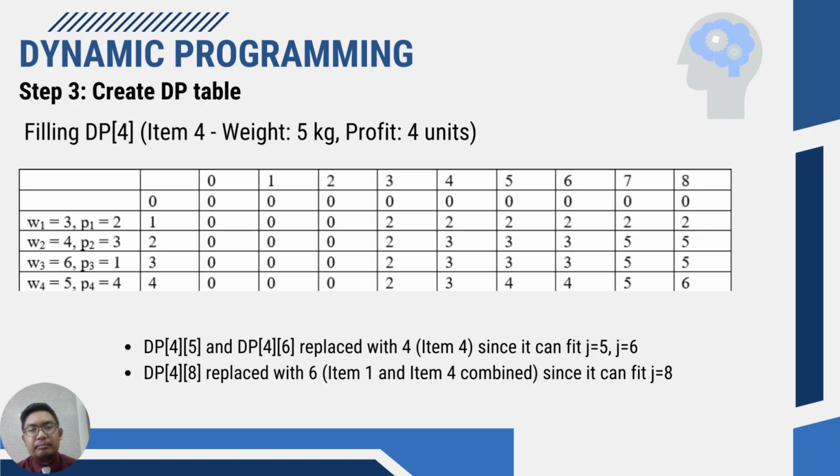We compare it to all the other items, and the fourth item can give us the most profit for these two limits. As for the knapsack limit 8, we can maximize the profit by combining two items, which are item 1 and 4. That leads us to the maximum profit of 6 units.